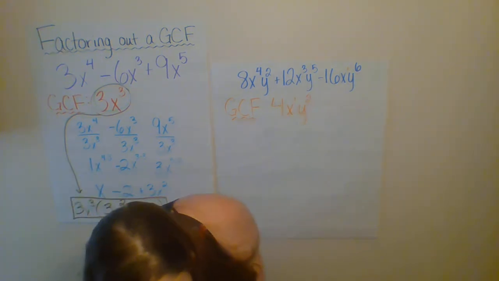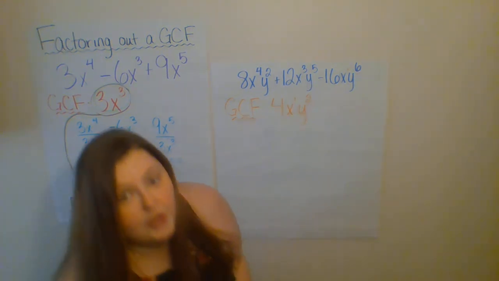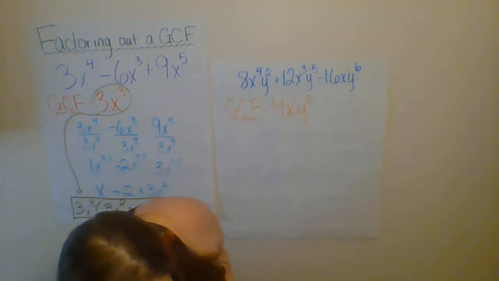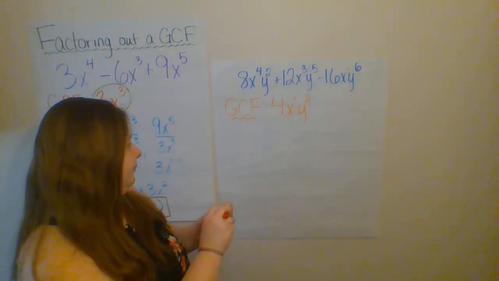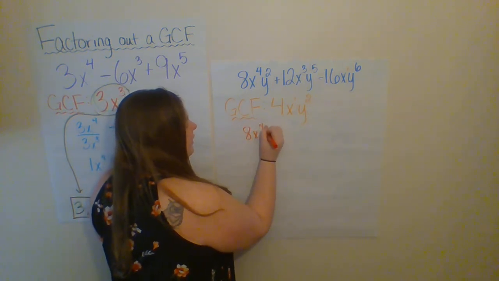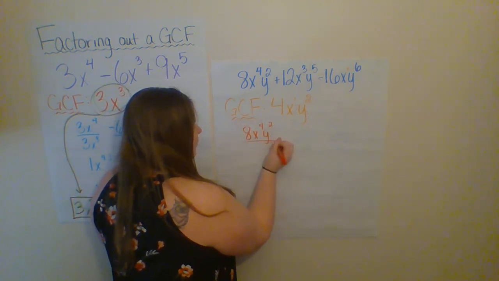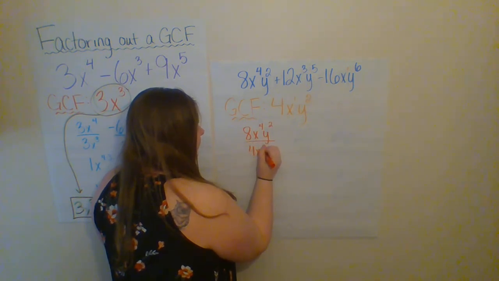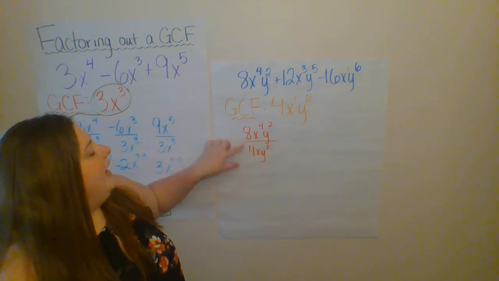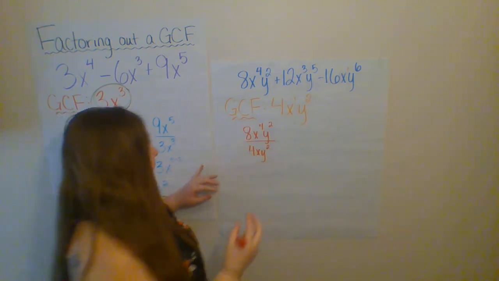Now, just like before, we are going to divide each term by our GCF. So, our first term is 8x to the fourth y squared. We divide that by 4xy squared. 8 divided by 4 is 2.